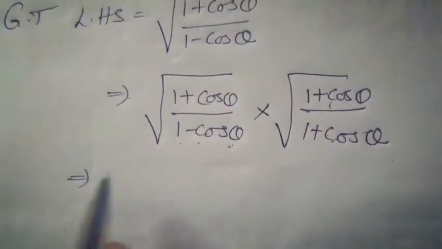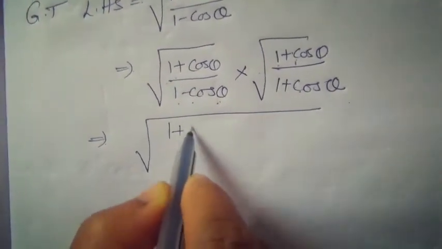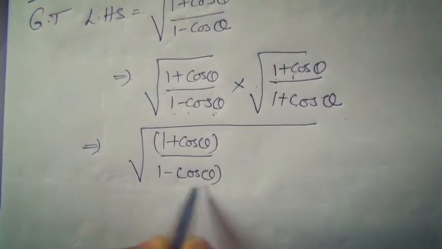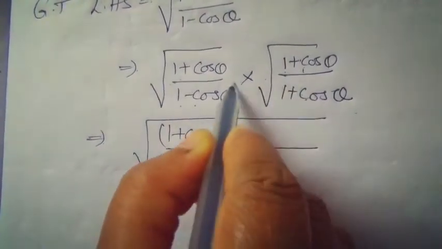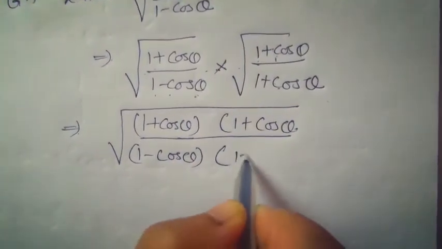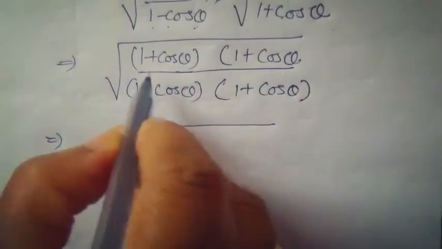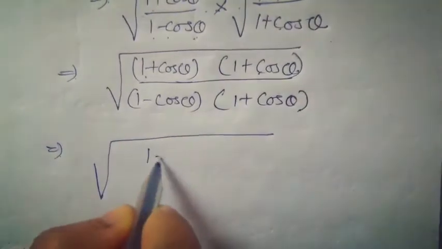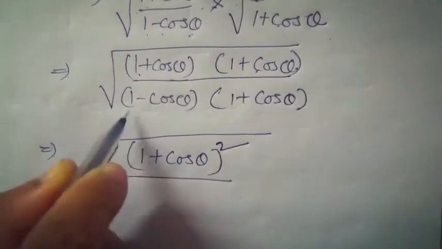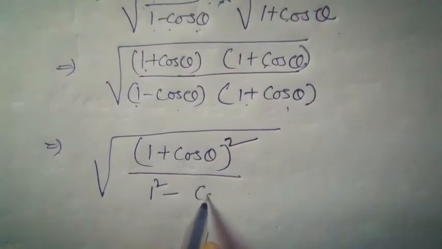Okay, that implies square root is there for both, so I am taking overall 1 plus cos theta by 1 minus cos theta. It is multiplicative, hence I am taking it like this. So here 1 plus cos theta, 1 plus cos theta, we can write as 1 plus cos theta whole square by, it is in the form of a minus b into a plus b, so a square minus b square.